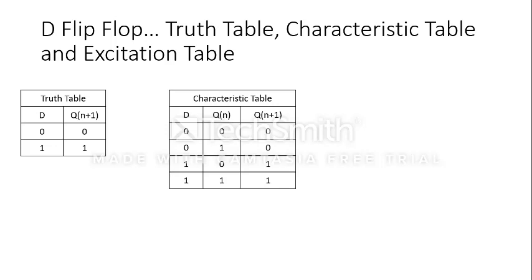That means in your present output. And when you provide the D value as 1, at that time you will get the present output value as 1, right? So this characteristic table has been prepared here.